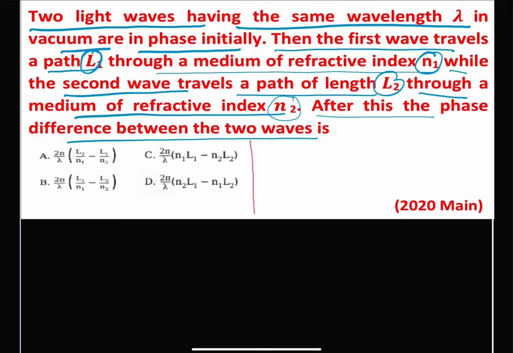So we are given that the vacuum wavelength is given as lambda, and the path length in first medium, medium 1, sorry, not wavelength but path length.